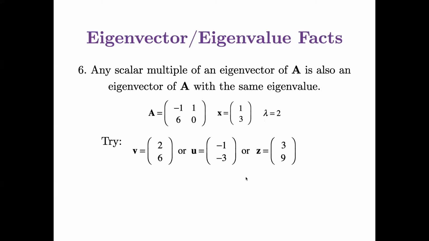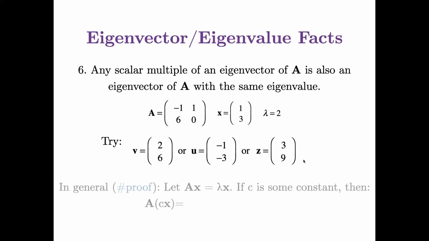Now, trying these 3 examples may convince you of this fact, but in general, this is a simple proof and one of the few that I will do in this class.